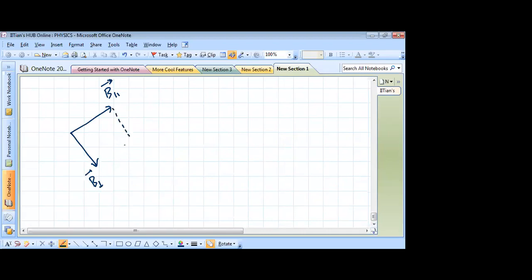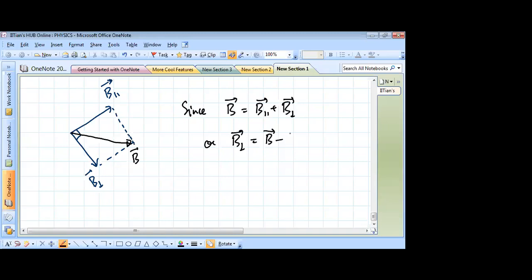So what was their vector sum? Their vector sum was nothing but the vector B itself. They were perpendicular, but the sum of these two components is nothing but the vector B itself. That was this vector. So since the vector B is the vector resultant of these two, we can say that the perpendicular component is the vector B itself minus the parallel component of the vector.